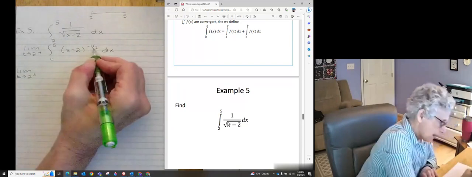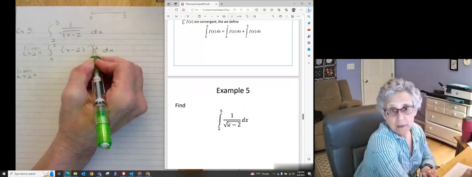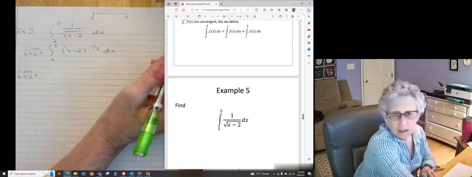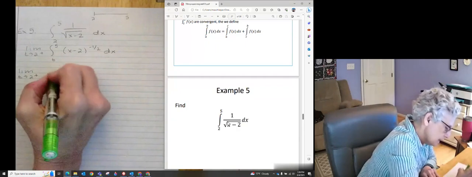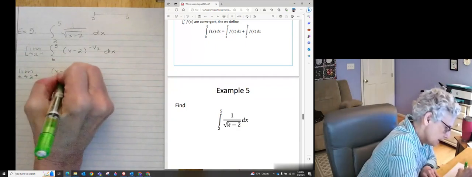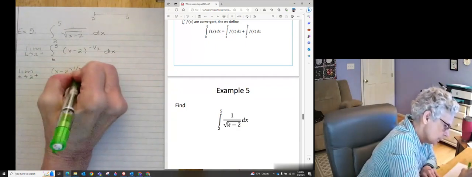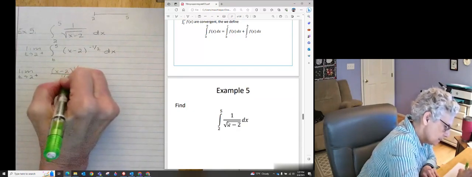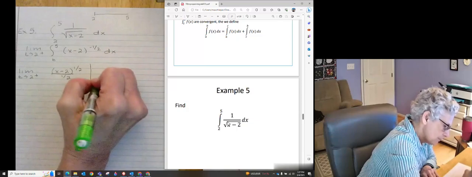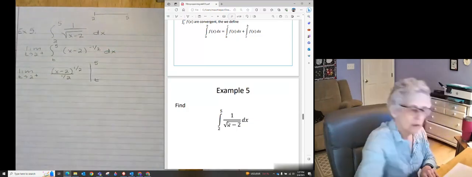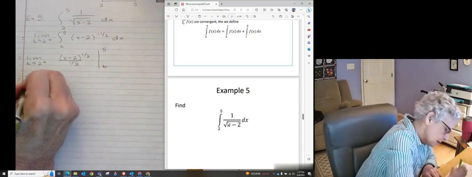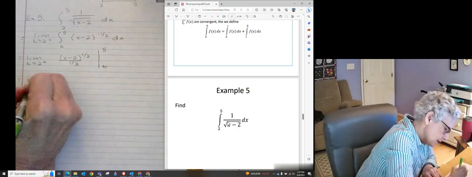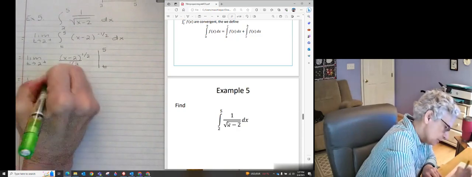So we add 1 to the exponent, divide by the new exponent. If you need to let u equal, you can, but this one's simple enough. I'm just going to write it as x minus 2 to the 1/2 divided by 1/2 evaluated from t to 5. Limit as t approaches 2 from the right.